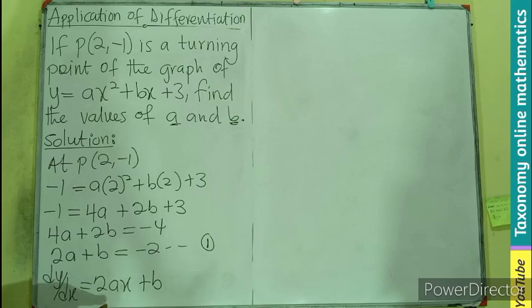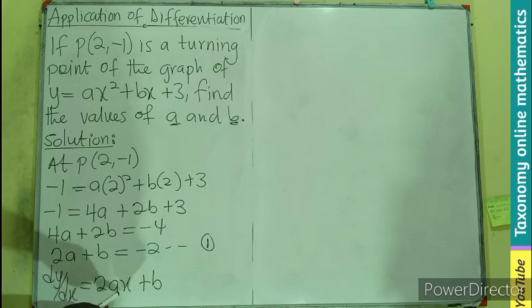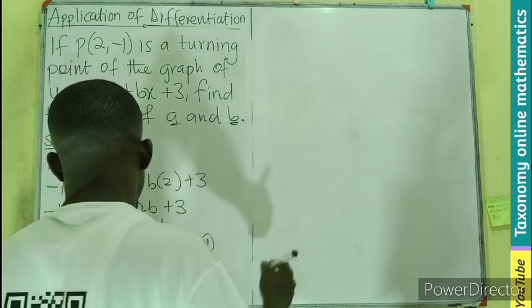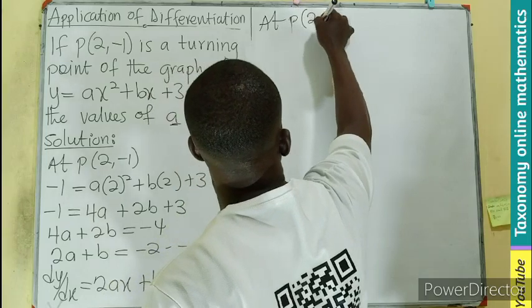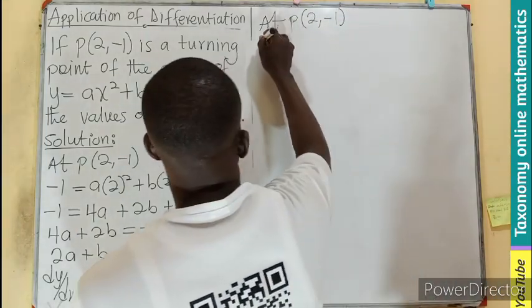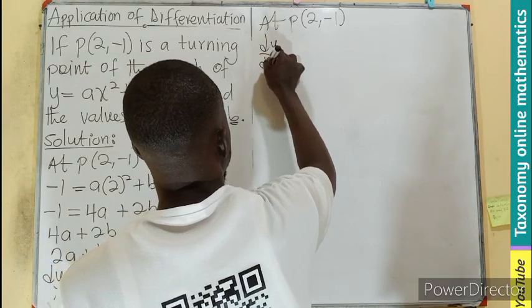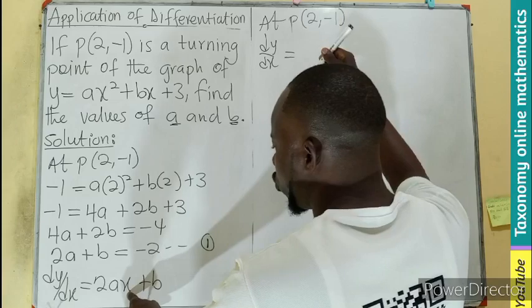So the same way we used the point here, we don't have the y value here, but we can use the x value in this. So at P (2, -1), here your dy/dx will now become, wherever I see x, I put in 2.